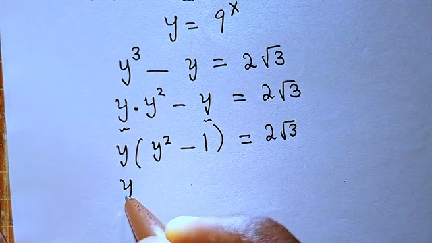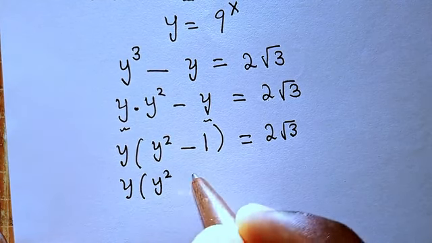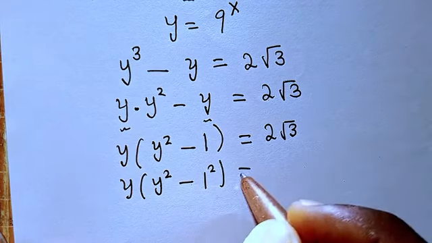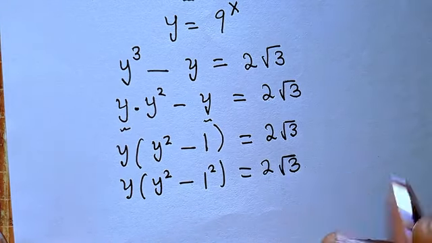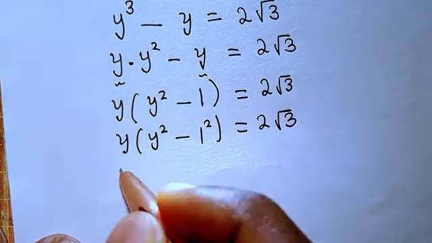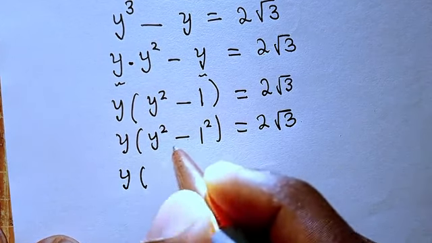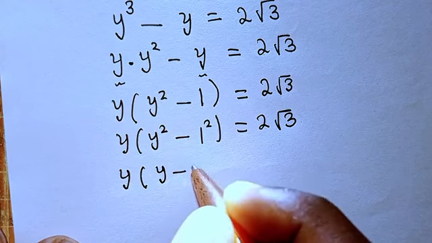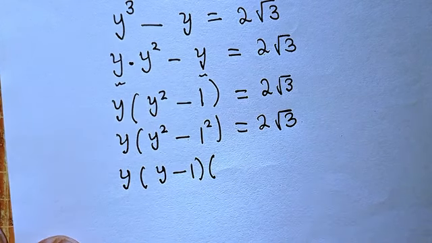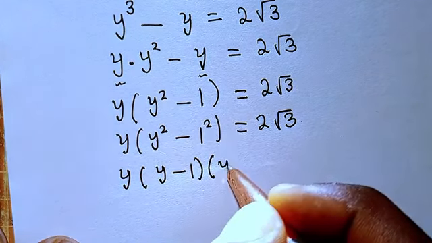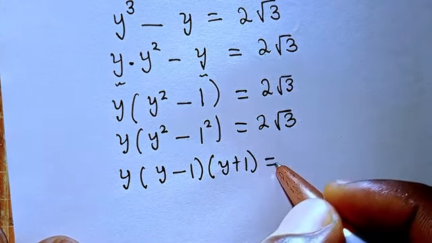Now from here I can write this as y into bracket y squared minus 1 squared, equals 2 root 3. So I have y into bracket y minus 1, y plus 1, from the difference of two squares, then equals.